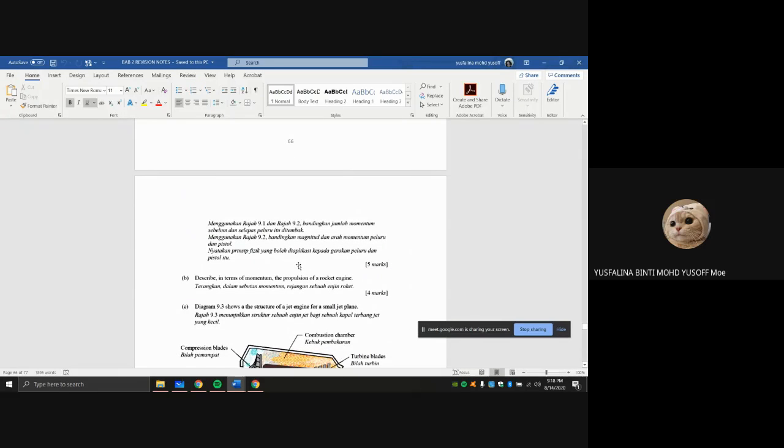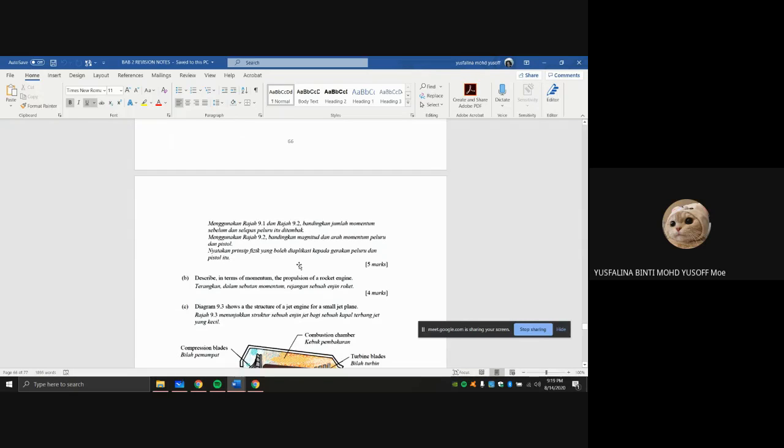Four marks. I will read you the explanation. The first one is the fuel is pumped into the combustion chamber.